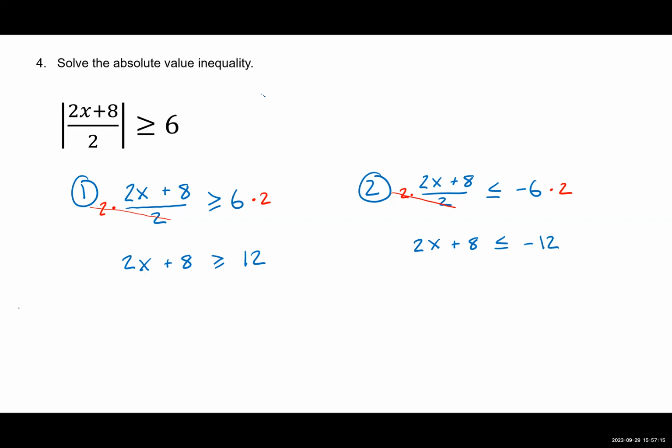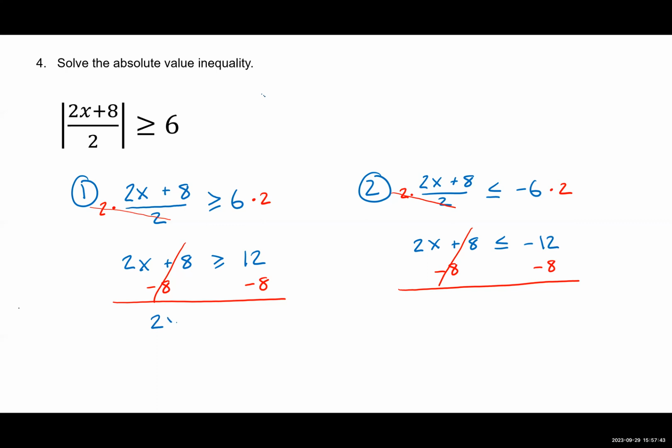We want to get x by itself, right? So we got to get rid of that plus 8. And the way we eliminate the plus 8 is with a -8. So we'll subtract 8 from both sides. And we'll do the same thing over here. Subtract 8, subtract 8. So the plus 8 and the -8 cancel.